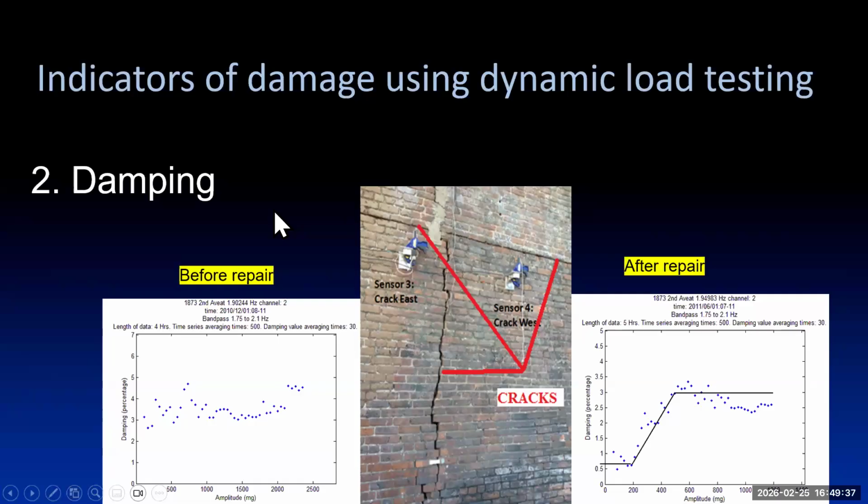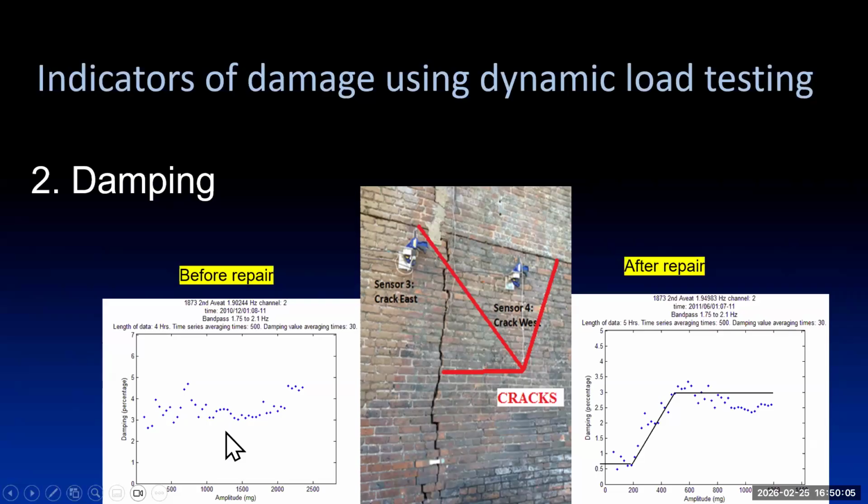In this particular case, the middle diagram shows you a large crack, which only became apparent when everything in front of it was taken away. On the left-hand side is a measurement of damping, nonlinear damping. So in other words, we've got increasing amplitude and the damping value at that amplitude.